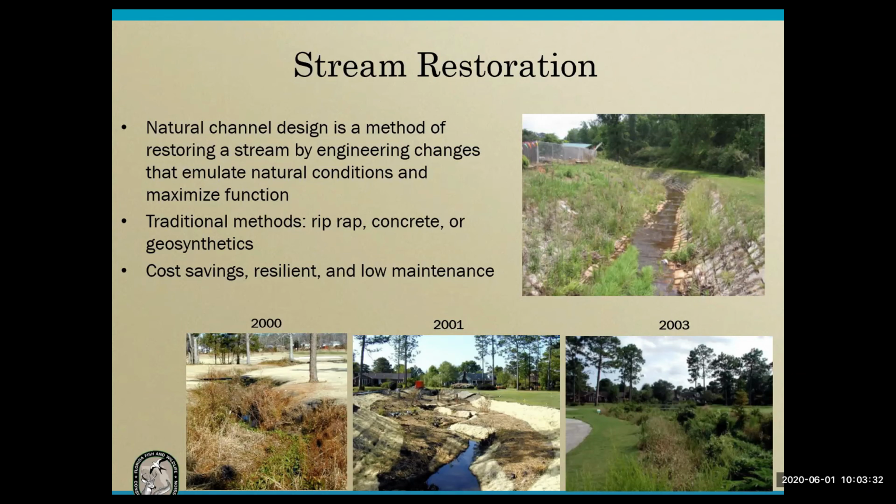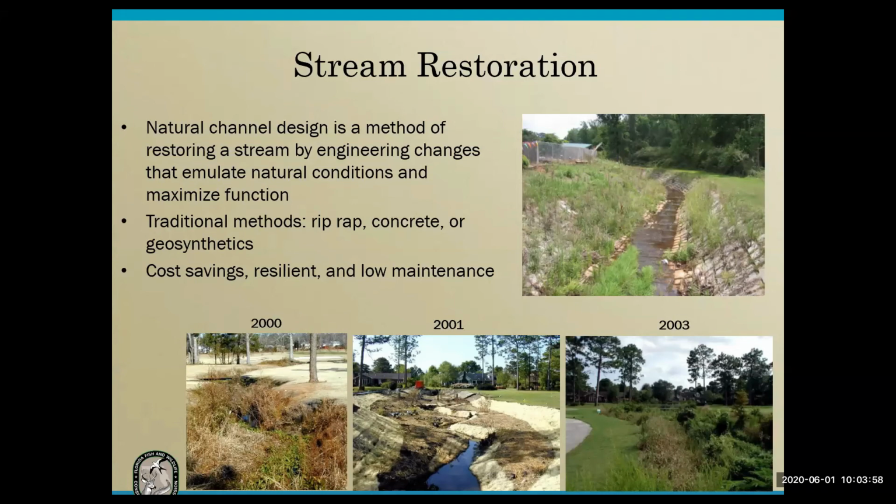This is done by doing a reference reach survey. We would go to a river system that is stable, meaning it's not aggrading or degrading over time, and then apply that survey to a larger scale or a different river system based on the current flows.